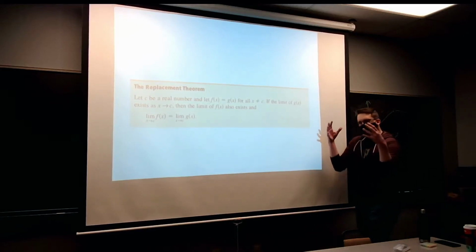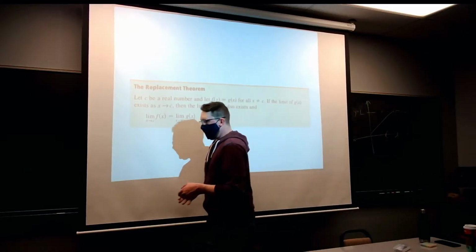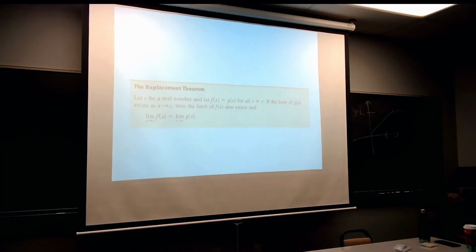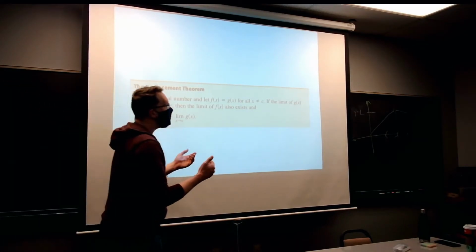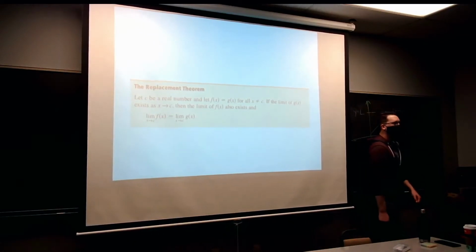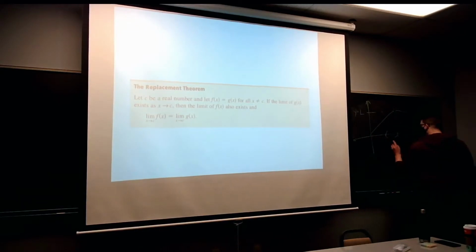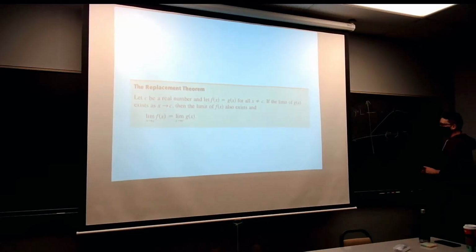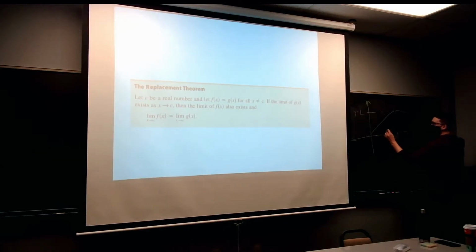So these are going to be intervals of numbers. And it says, what happens when we shrink the size of these intervals? What happens when we let A and B get close to C? Well, when that happens, let's see what happens to our graph.